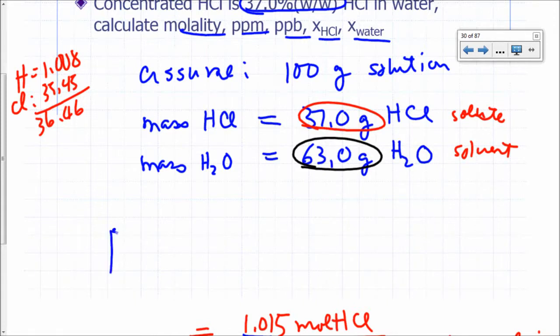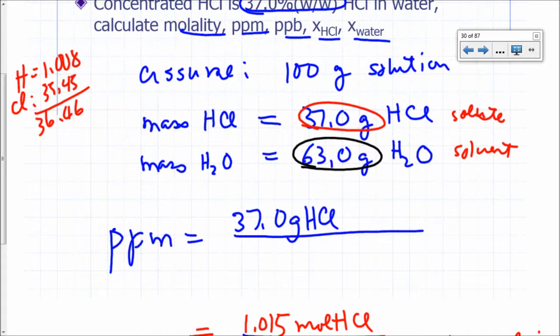So ppm would be 37 grams HCl over how many grams total? 100 grams total.